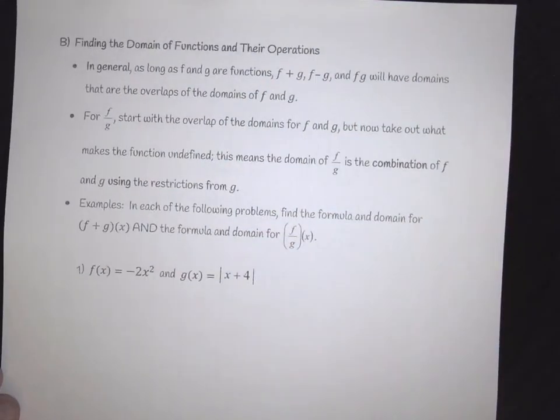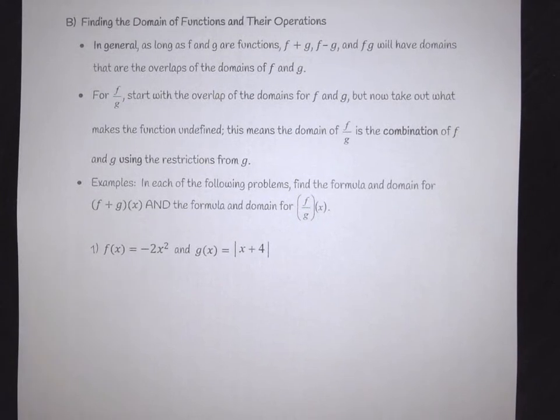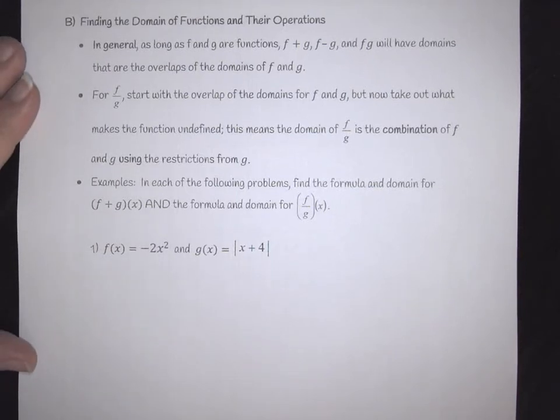Alright, let's look at incorporating a domain. So not only can we combine them, but we can find domains of them. In other words, we can find everywhere that the current function you have is going to be true. So we have a couple things to keep in mind.